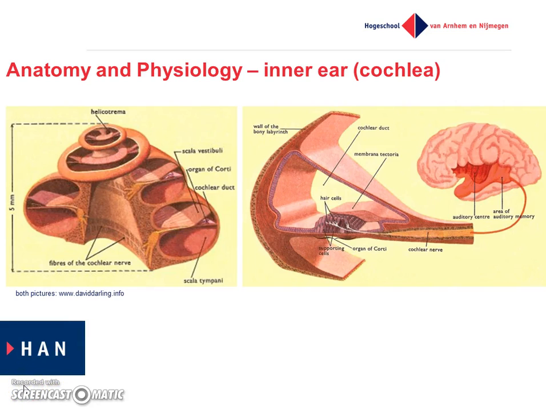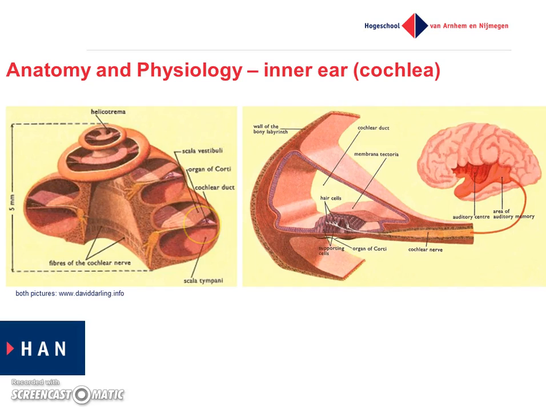In the beginning of this movie, I said that the inner ear is filled with fluid. You didn't see this yet, but so you know, the whole cochlea is filled with fluid. The scala vestibuli and the scala tympani are filled with fluid, and the scala media is also filled with fluid, but with a different sort of fluid, which is too detailed for now.